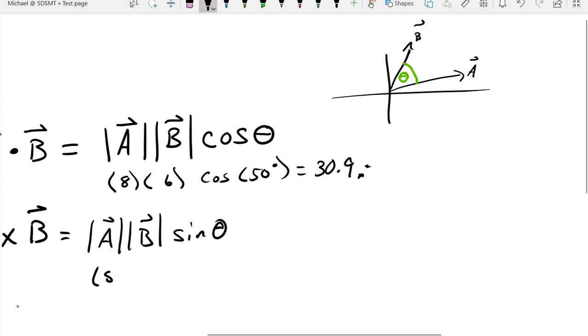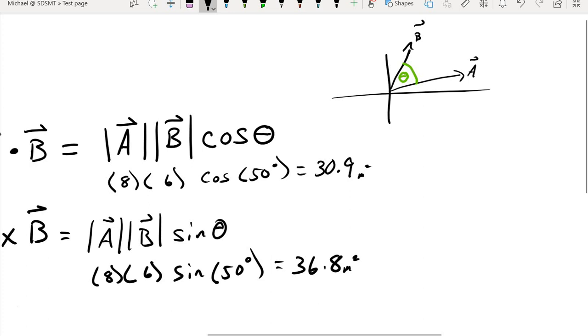So again, we have our magnitudes of 8 and 6, but now we're taking the sine of 50 as opposed to the cosine. And I'm getting 36.8. Now again, the units would be meters squared because I had meters for vector A, meters for vector B.